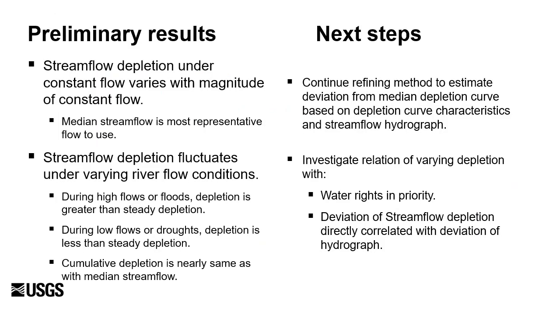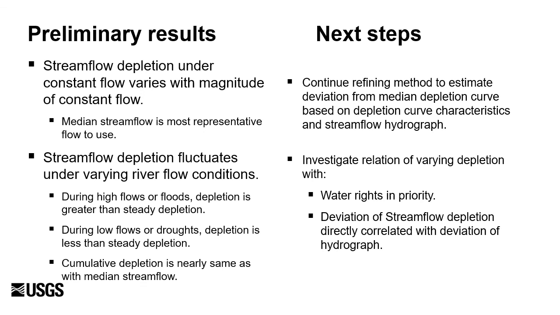So preliminary results of this work indicate that the streamflow depletion under constant flow can vary with the magnitude of the constant flow, and that the median streamflow value is the most appropriate streamflow value to use to calculate the streamflow depletion.